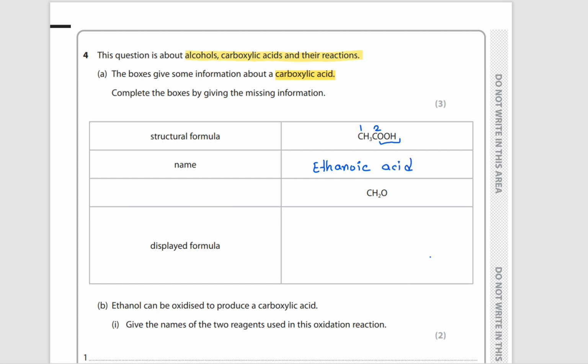Now we already know this question was dealing with carboxylic acid, and there isn't any carboxylic acid with formula CH double bond O. So this is not how the carboxylic acid works. So this must be an empirical formula.